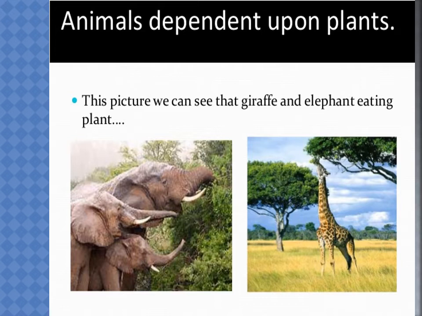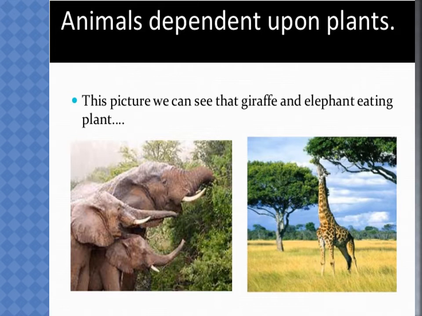Goat, cow, buffalo, elephant, some animals eat food from the plants. We are taking shelter. Many animals take shelter too. Human beings also take wood from the plants and make the house.